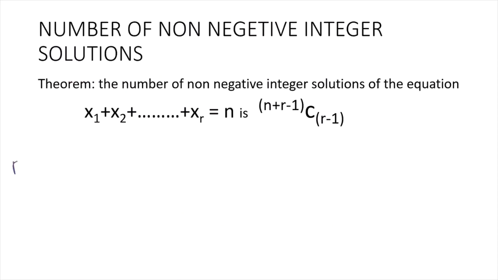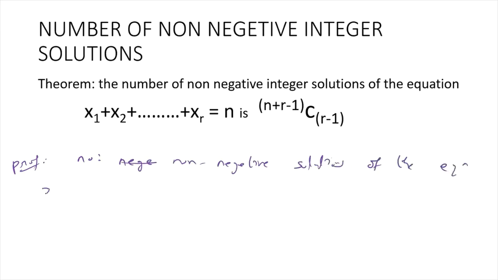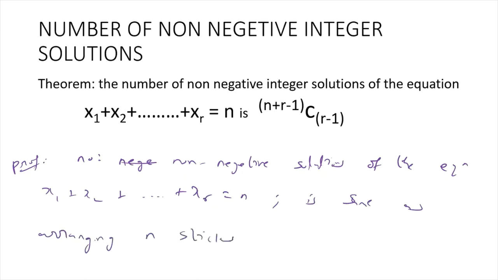The number of non-negative solutions of the equation x1 plus x2 plus so on up to xr is equal to n is same as arranging n sticks and r minus 1 stars.